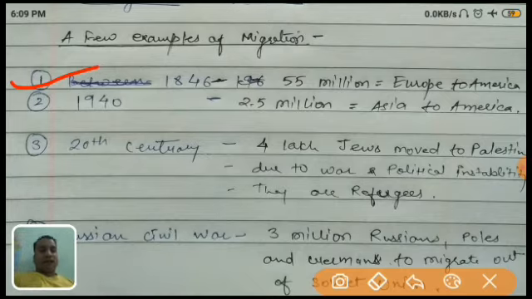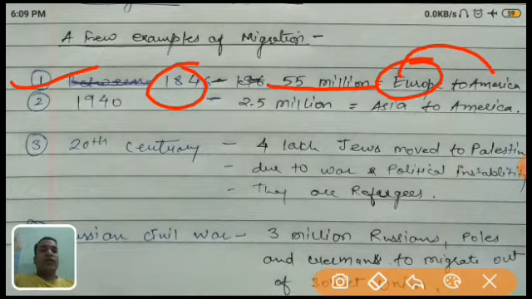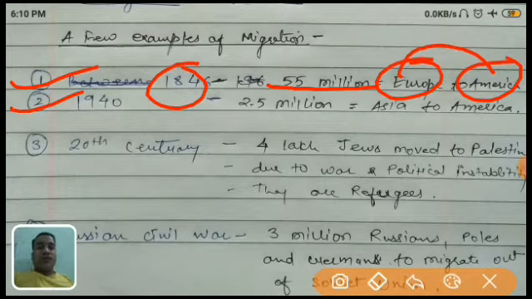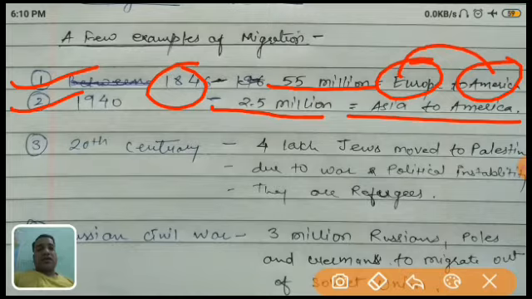In 1846, about 55 million Europeans moved to America as laborers. I hope in history you have studied the American Revolution, and also some other reasons. Second one, in 1940, about 2.5 million people migrated from Asia to America, because the economic conditions there were good. That's why people were attracted towards it.